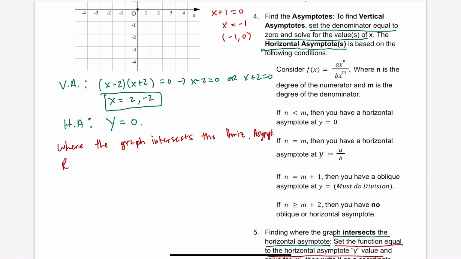So this is taking your function and setting it equal to your horizontal asymptote. That's this right here, okay? In this case, it just happens to be 0. So that gets converted to x plus 1 over x squared minus 4.